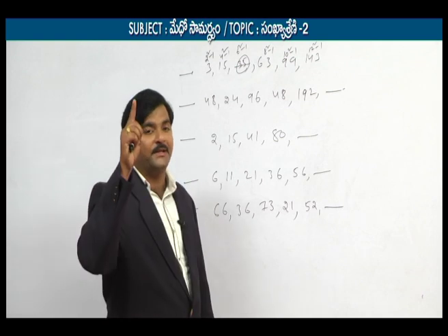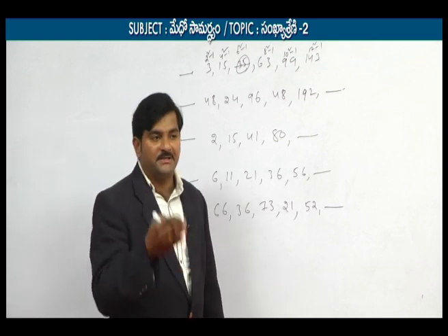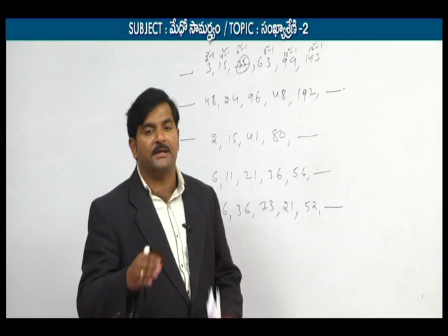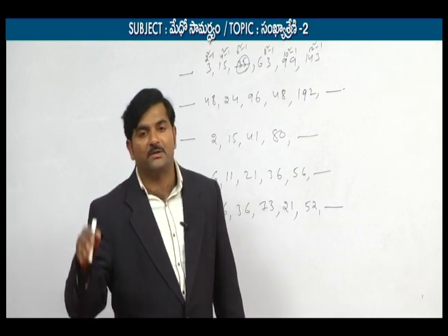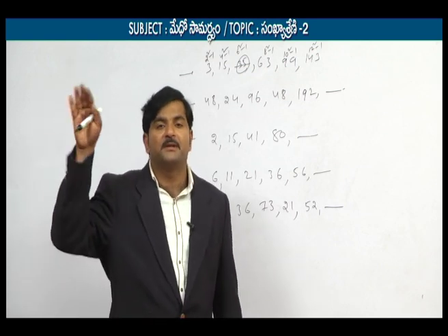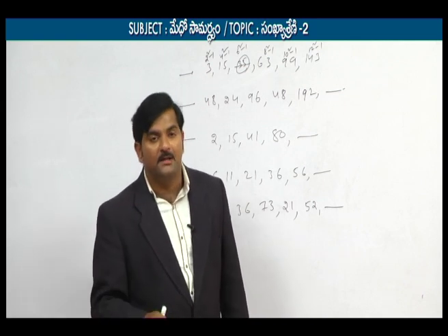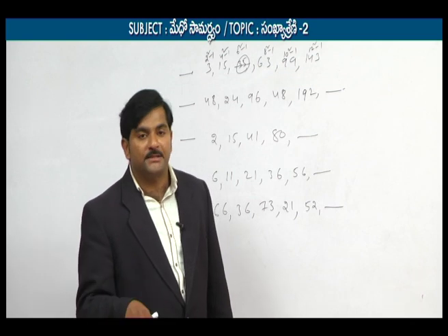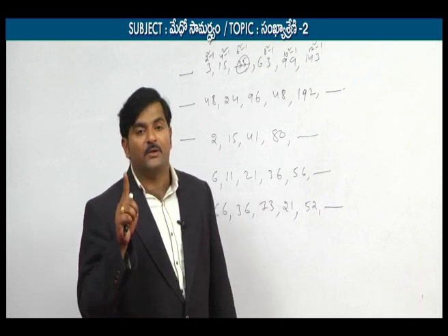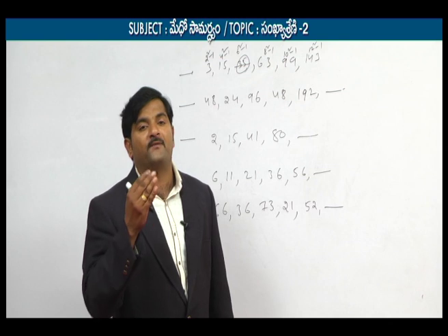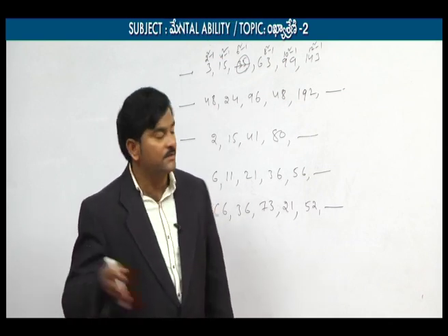One number is increased, another number is decreased. First number increased, second number decreased, third number increased, fourth number decreased, fifth number increased, sixth number decreased. If any series is there in this model, then simply what we will do, two things. Primarily you must think there is a concept of alternate series or not. Now we will check it out.